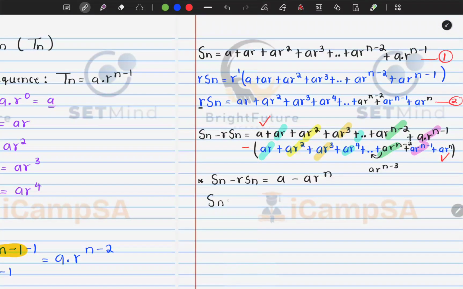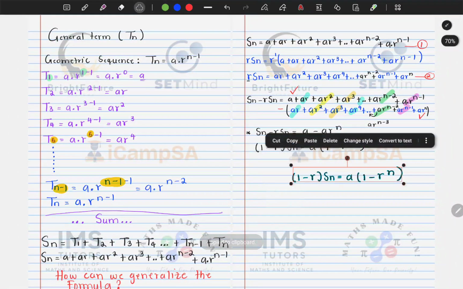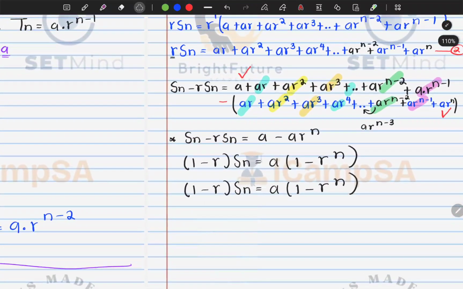But remember, we are trying to solve for Sn. So we can see that Sn here can be factorized. So you can have (1 minus R), and then the Sn can be here. And then on the other side, you will see that A can be factored out to have (1 minus R^n). But remember that we are trying to solve for Sn. So we can just go ahead and divide this side here by 1 minus R, and what we do on the left, we do on the right.